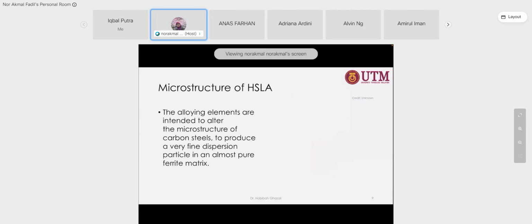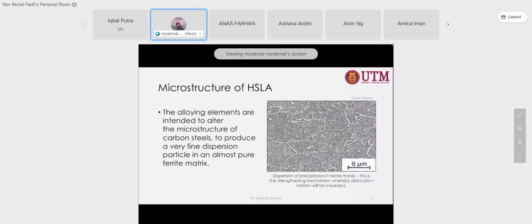So, the alloy elements are intended to alter the microstructure of carbon steel to produce a very fine dispersion of particles in an almost pure ferrite matrix. Okay, so there is a dispersion of precipitate in the ferrite matrix. This is the strengthening mechanism whereby dislocation motion will be impaired through this precipitate. So the white color is the precipitate itself, right?